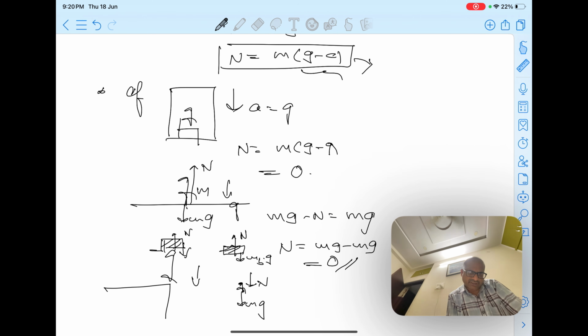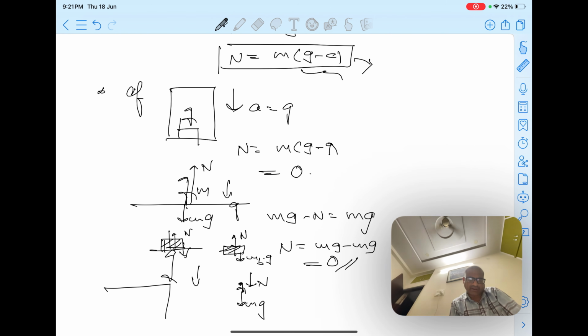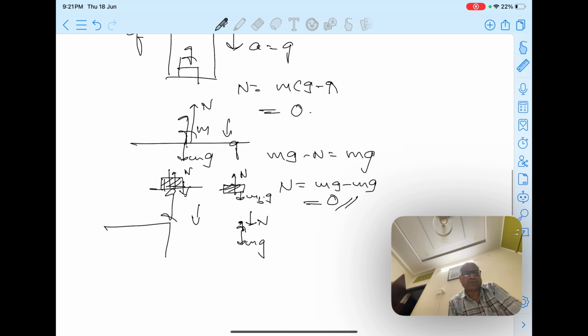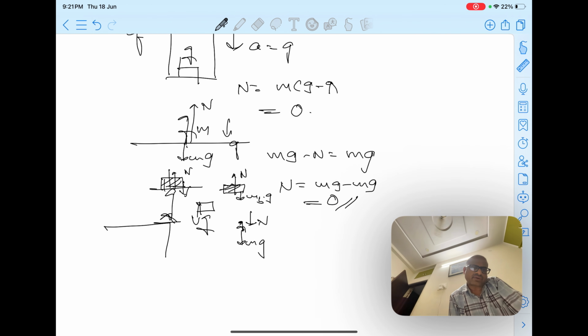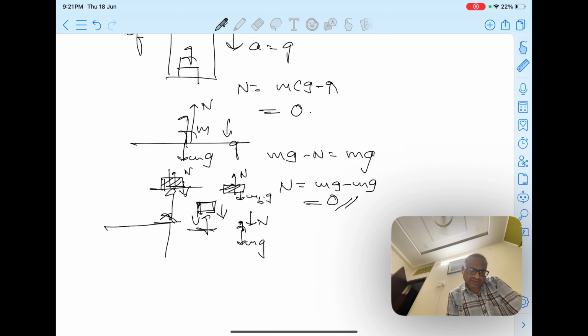And when he is falling freely, there is no normal force from the ground, isn't it? So what is the force the box exerts on him? He also exerts the same force on the box.